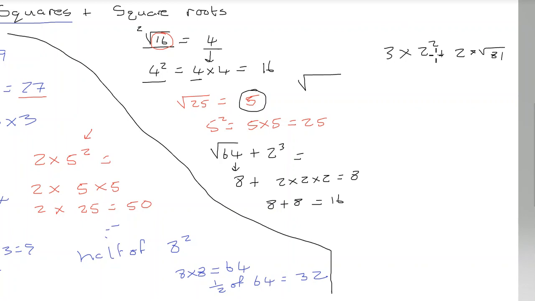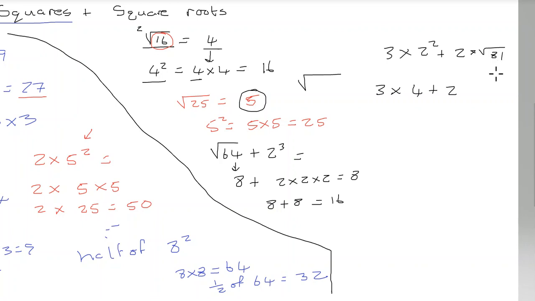Again, you do the index first and then the square root. So it's 3 multiplied by 2 multiplied by 2, which is 4, plus 2 multiplied by the square root of 81.